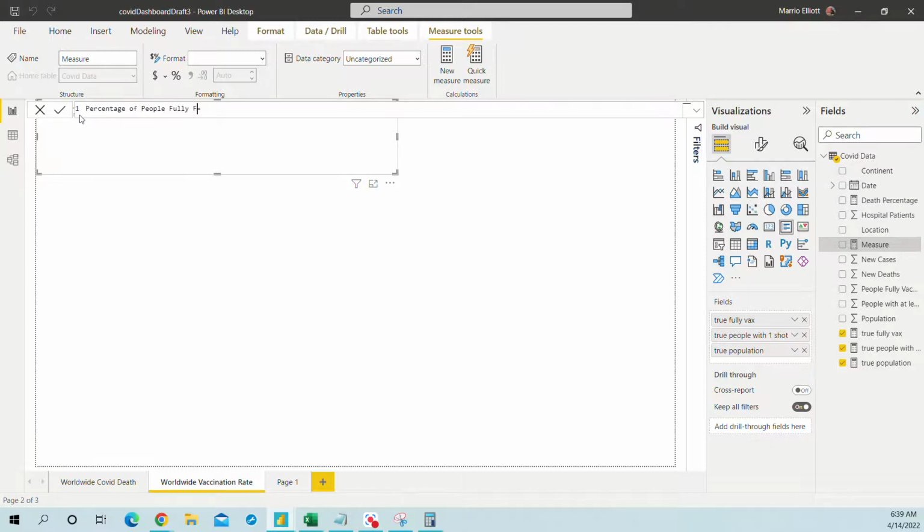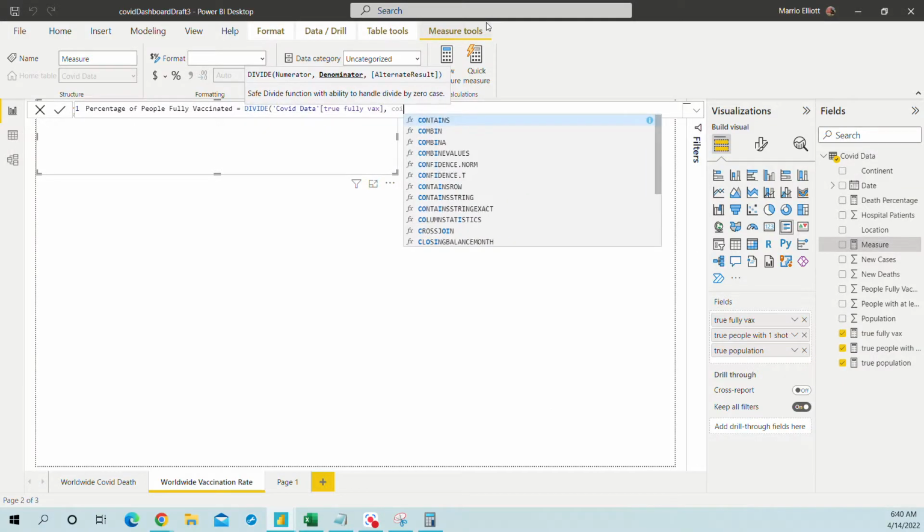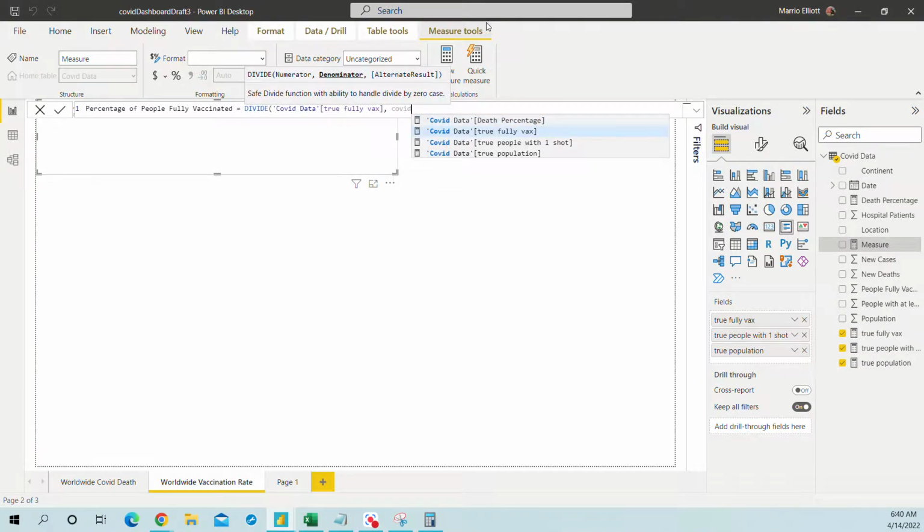fully vaccinated. And then we're going to do the divide calculation, and we're going to put the COVID data, people fully vaccinated divided by the COVID data population, right?